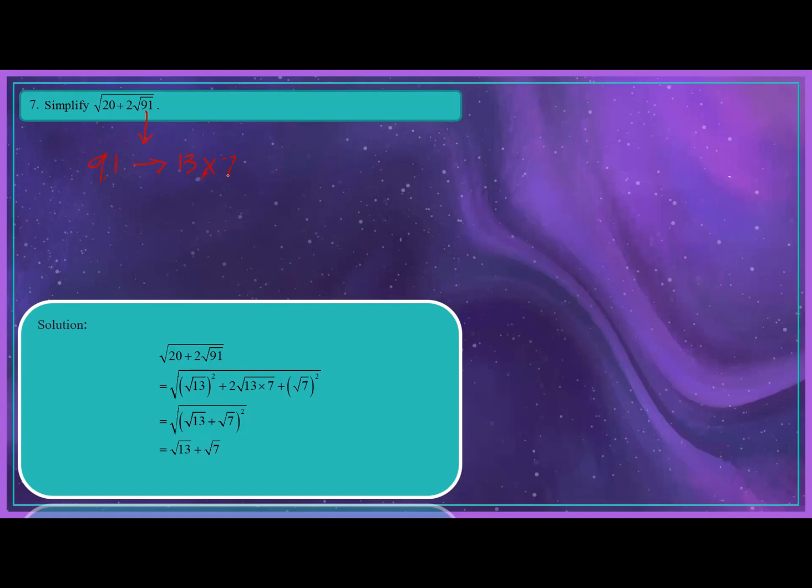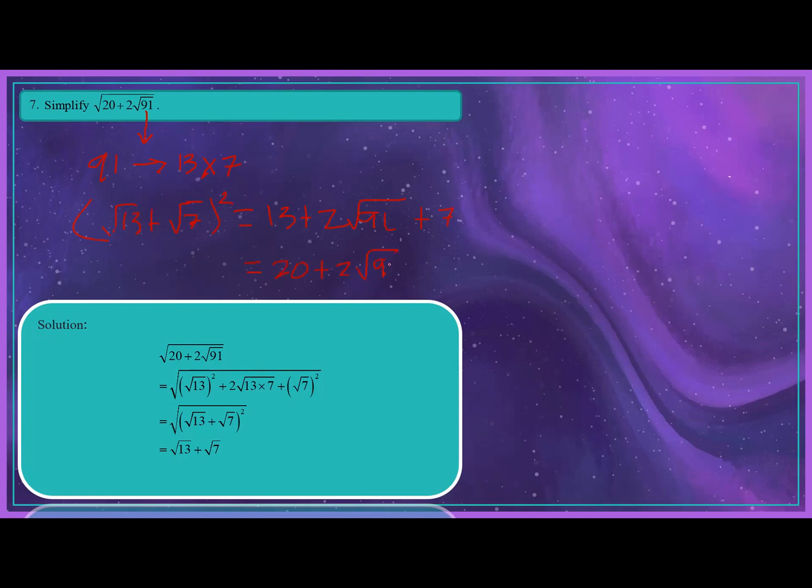This is 13 times 7. So you already have a hint that the numbers used here are 13 and 7. The first thing you would do would be square root of 13 plus square root of 7. You square that, you have 13 plus 2 square root of 13 times 7, that's 91, plus 7.